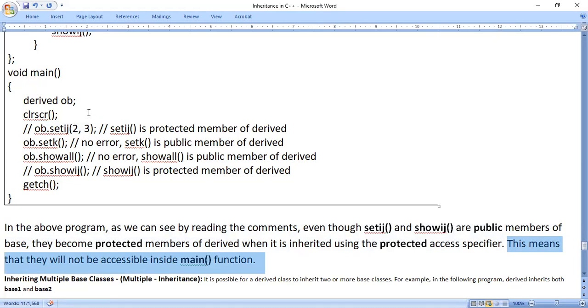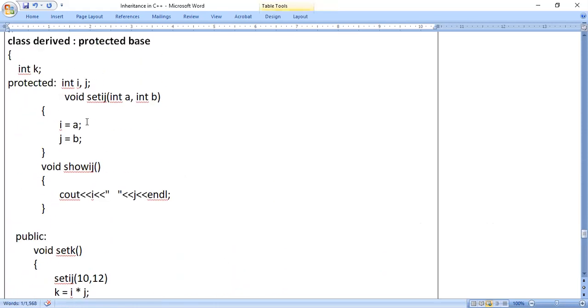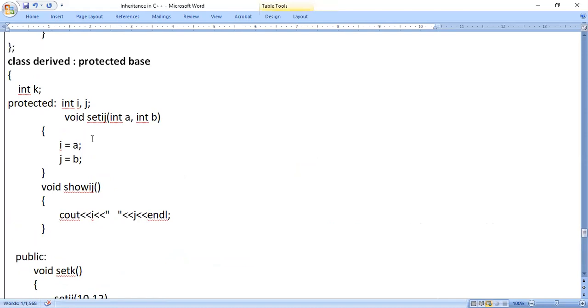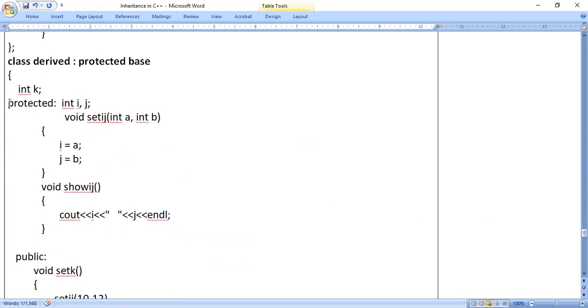So here, one particular class means the derived class. In the derived class we have the functions set ij and show ij. Even though they are public functions of the base class, when it comes to the derived class, they have become protected. Their status is changed from public to protected.